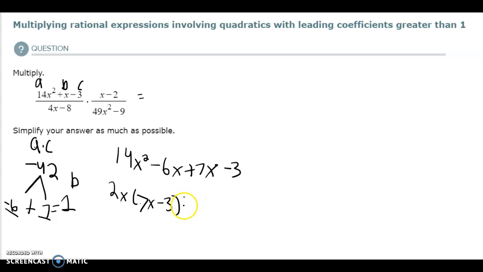And all that we can pull out of this one is a positive 1. So when I pull out a positive 1, I end up with 7x minus 3. So I have 2x plus 1 times 7x minus 3.